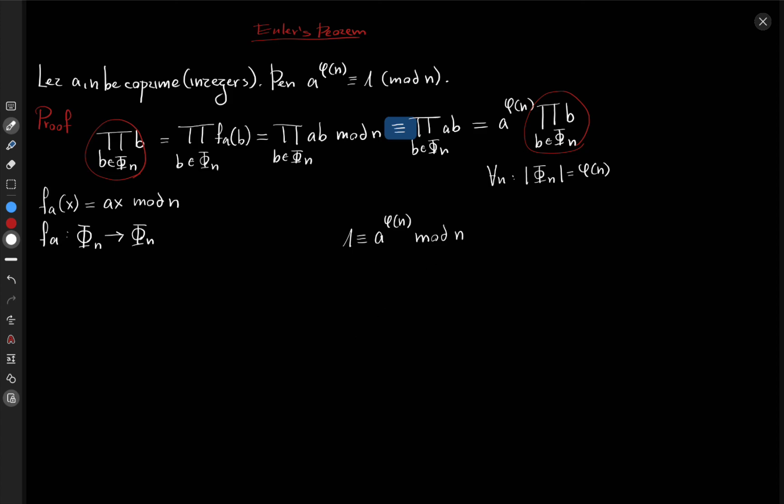And also notice that we have used well the cancellation theorem because the product of all totients to n is coprime to n. And like this, we have obtained the desired result. And this concludes the proof.